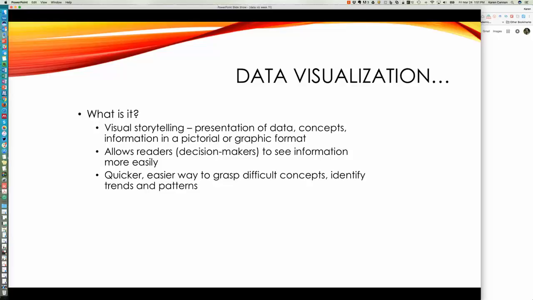If you want to think about grasping difficult concepts this way, if you've ever been to another country and you've been in a vehicle, a car or a bus or something like that, and you've looked at road signs, there are road signs that even if you don't speak French or Spanish or Italian or Chinese or whatever the language of the country that you're in is, you can still understand the point of the sign because it's represented visually.